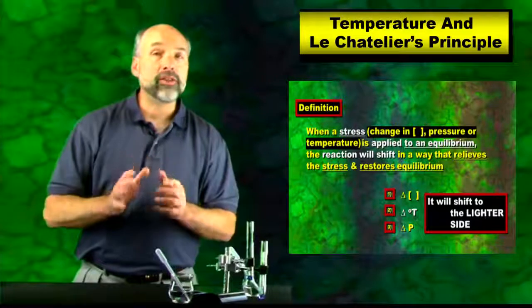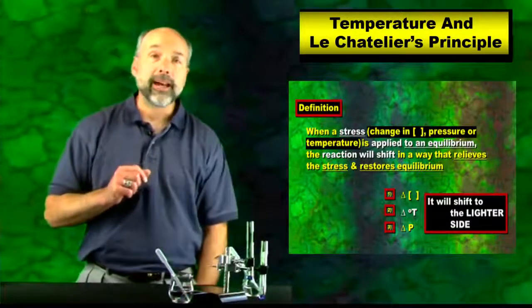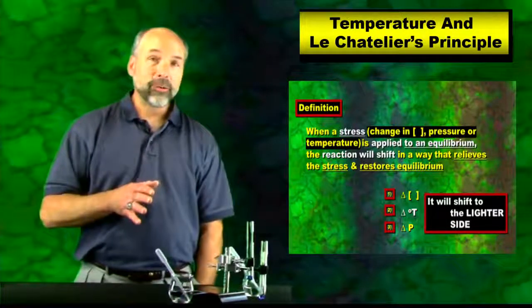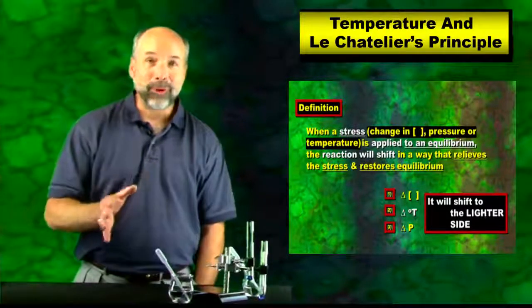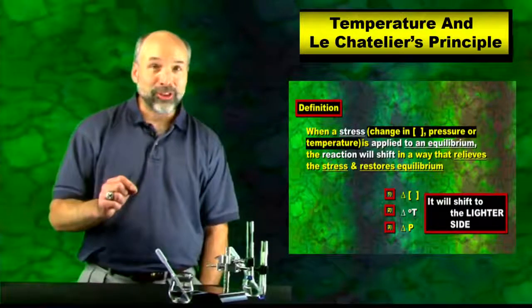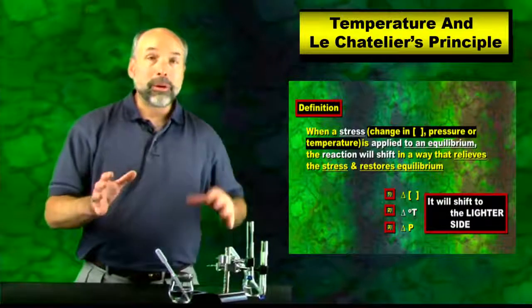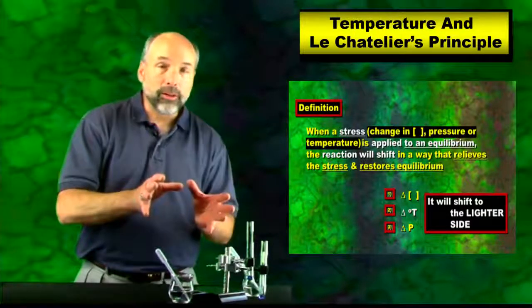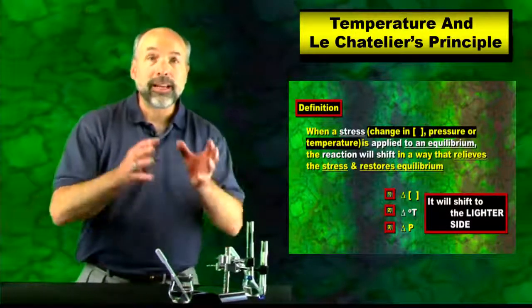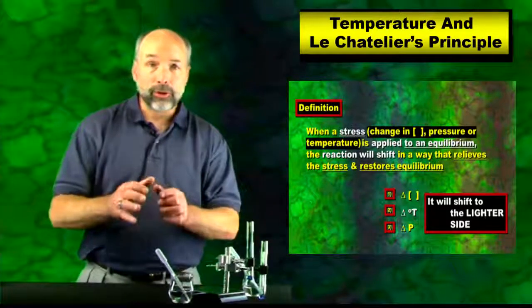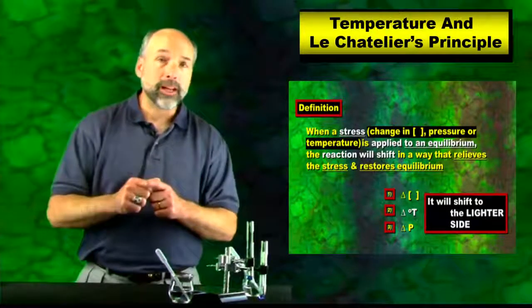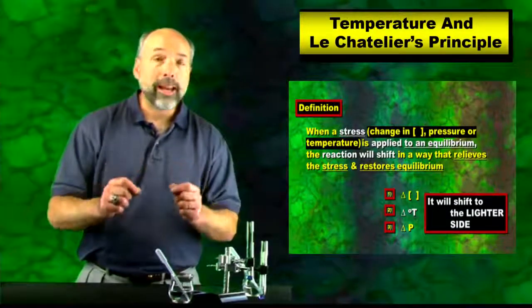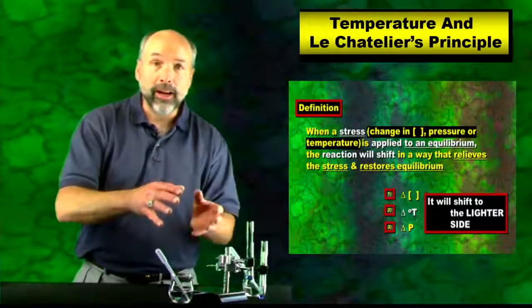Or we could have a change in pressure, which will apply to gases. In this situation, we're going to have an ice bath and boiling water. So it's going to be about temperature. What happens here? By simply changing this one variable, all of a sudden we have to establish a second equilibrium. The first one was simply mixing the chemicals together. The second one is what happens when we add or take away energy.